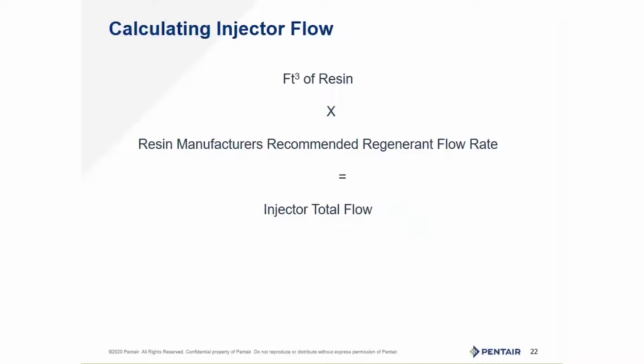Somebody asked, can you use a 10 cubic foot softener for an example? Sure, let's just throw 10 cubic feet of resin here. We'll go through it. I chose 1 for this example just to keep it easy. But all you're going to do here is take your cubic foot of resin and multiply that by the resin manufacturer's regenerant flow rate. And that will equal your total flow.